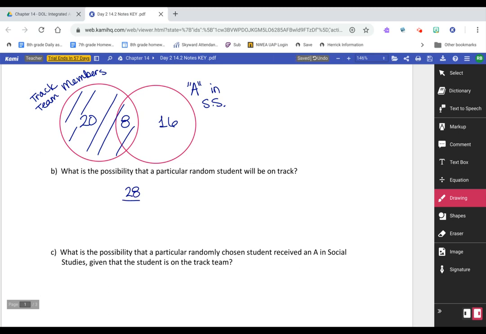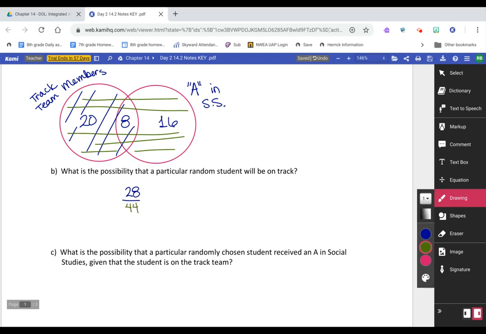Now we have to put that out of the total number of students we're talking about. Well, now that is talking about all of the students everywhere. So we have 28 plus the 16, which ends up giving us 44 students for a total. Okay, both of these are divisible by 4, so you always simplify, and you end up getting 7/11.